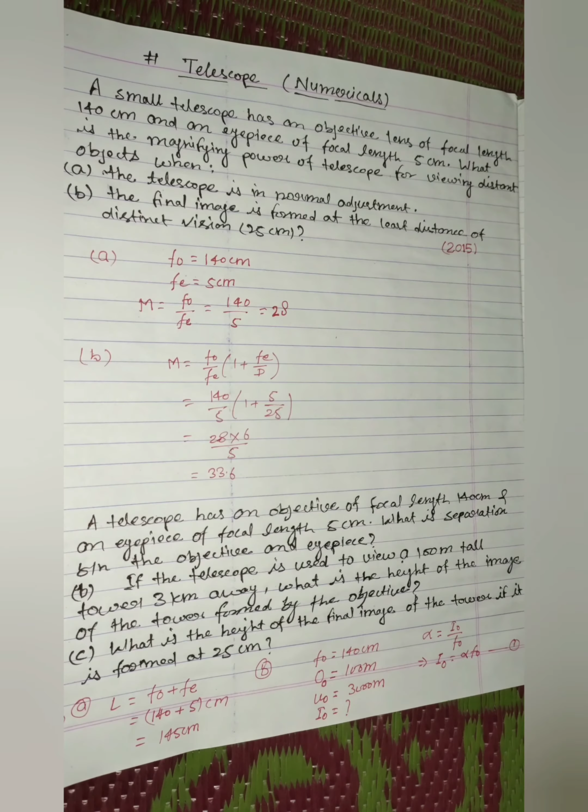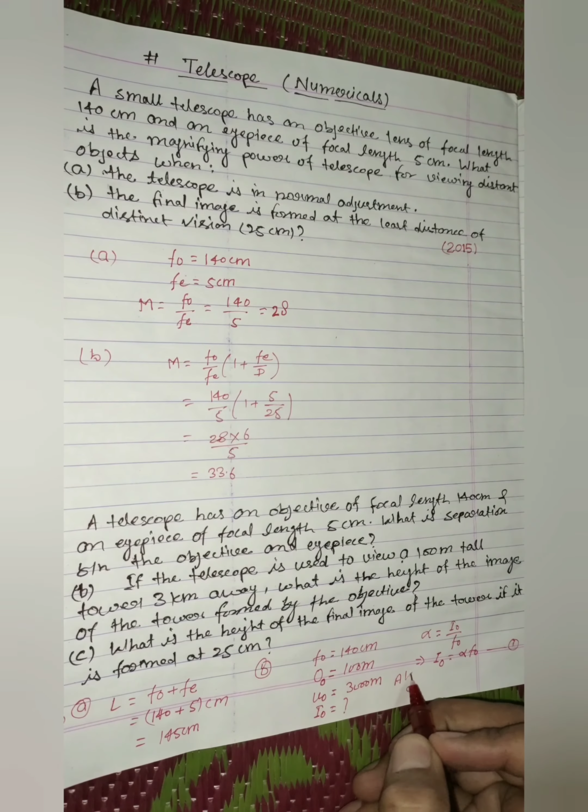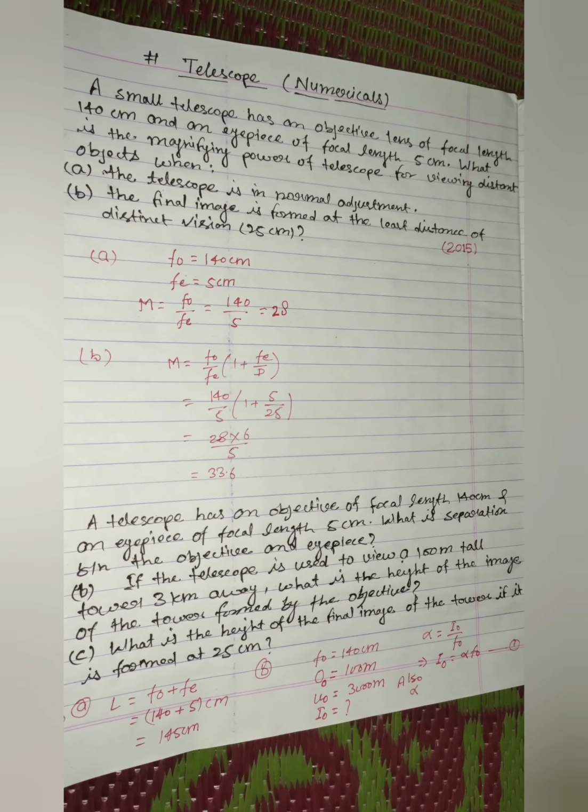So the angle alpha subtended by a far distant object is simply arc length upon radius. So here we can write alpha equals arc length upon radius.